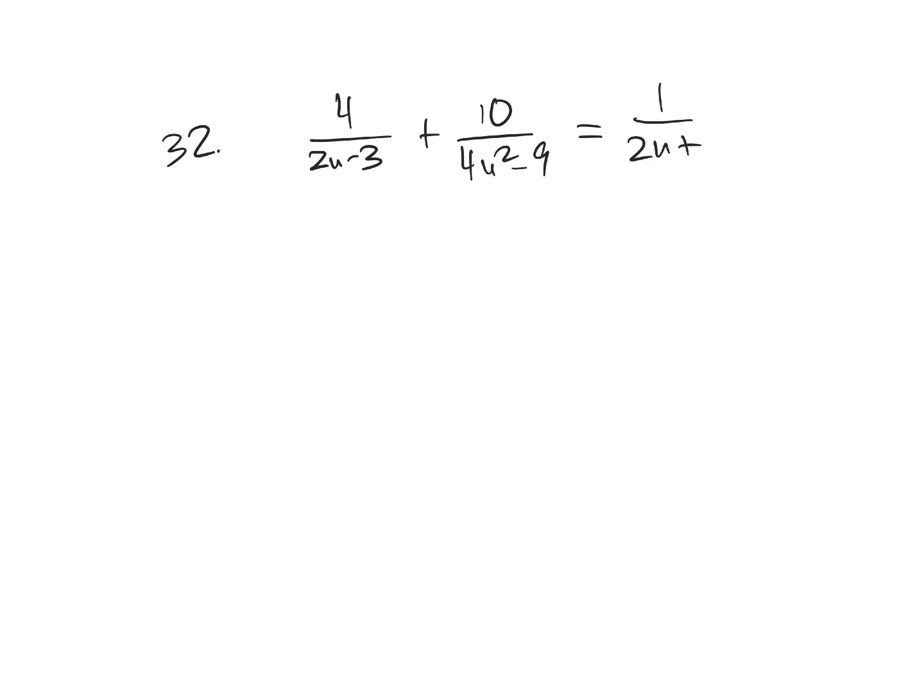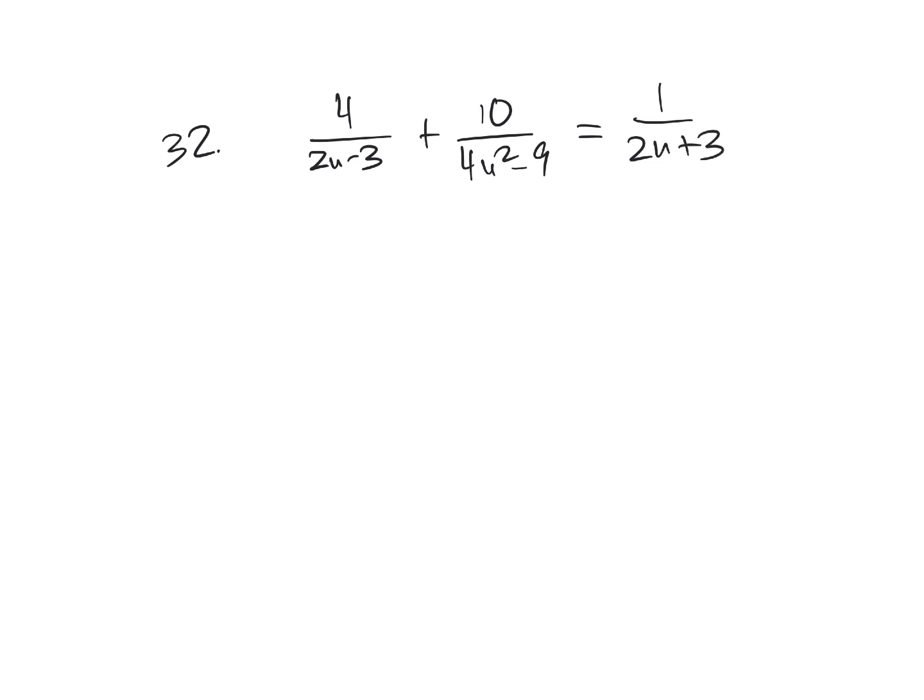Okay. So now let's go on to this problem. Let's use 32. Let's use 4 over 2u minus 3 plus 10 over 4u squared minus 9 equals 1 over 2u plus 3.